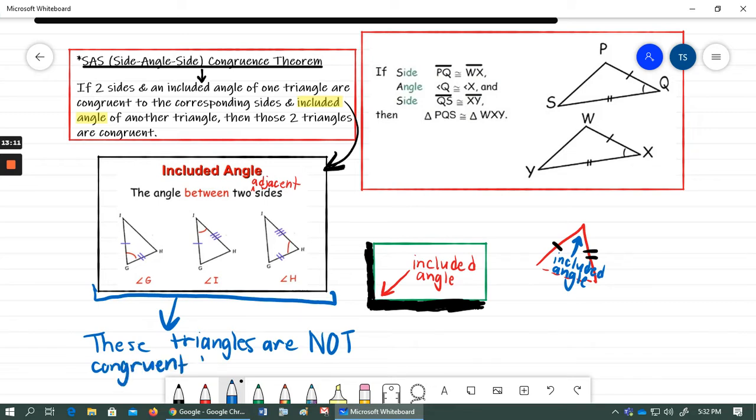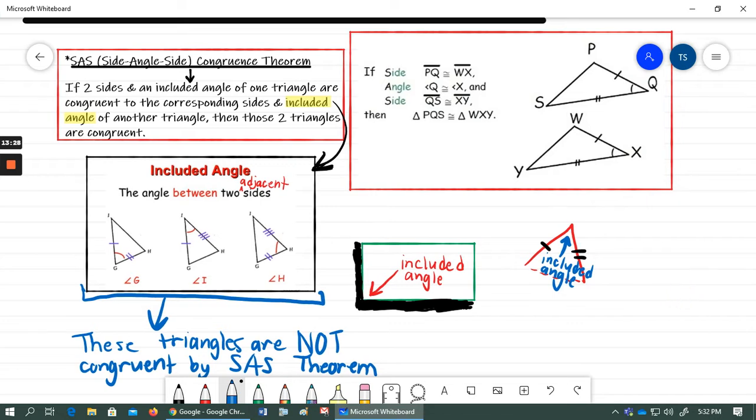But guys, in the other diagram that you're looking at over there, where it shows you those two triangles, triangle PQS and triangle WXY, those two triangles are congruent by the side angle side congruence theorem, because again they show two sides that are congruent to the two sides in the other triangle, and they show not only two sides that are congruent to the corresponding sides in another triangle, but they show an included angle from one triangle that's congruent to the corresponding included angle in the other triangle.